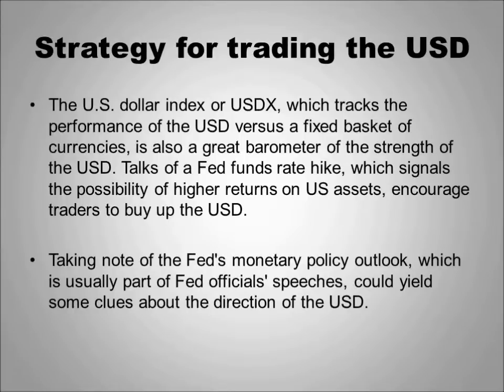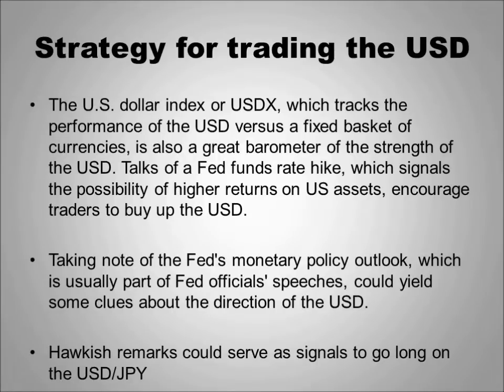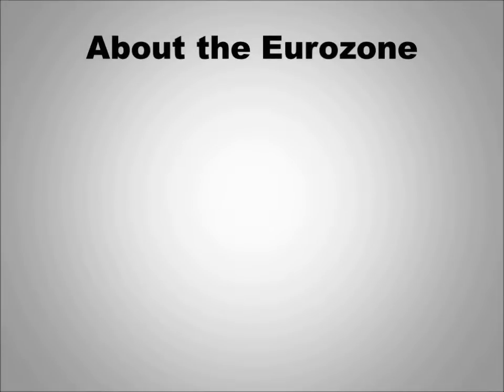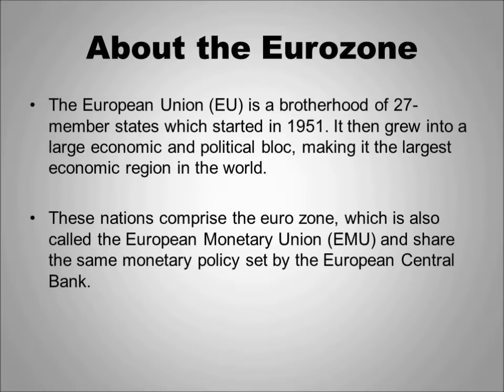Okay, now let's talk about the Eurozone. Here's what we need to know about the European Union. It's a brotherhood of 27 member states, which started in 1951. Then it grew into the largest economic region in the world.